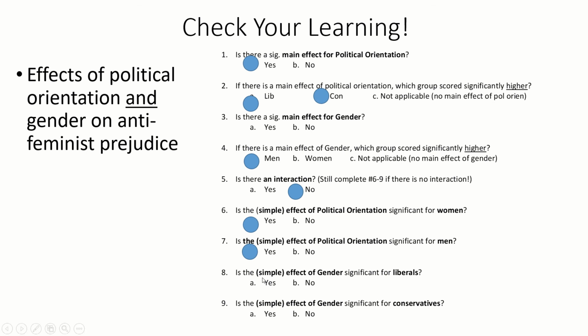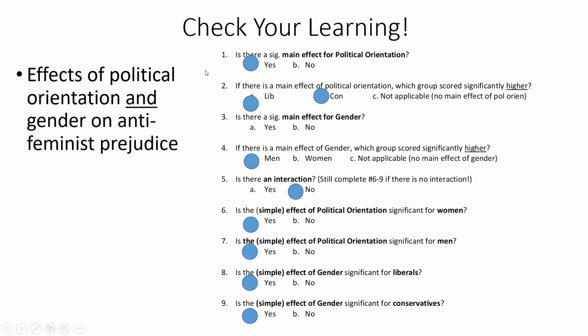And we found significant simple effects of gender for both liberals and conservatives. We found the gender difference replicate for both. Men reported more anti-feminist prejudice compared to women, and this held true for both liberals and conservatives.